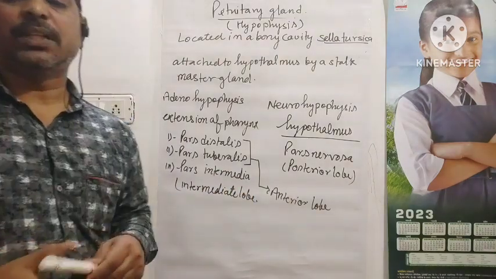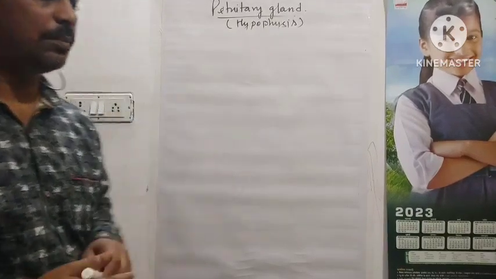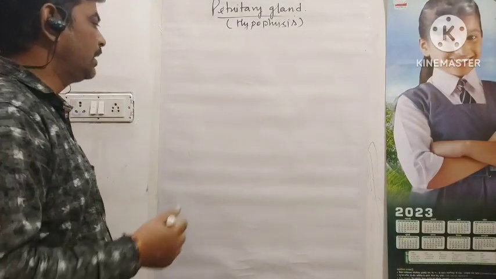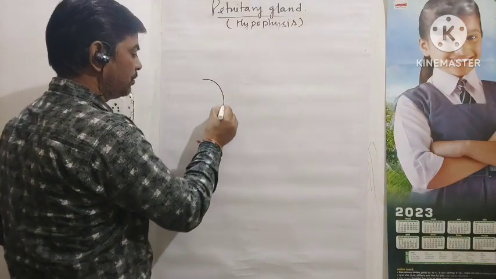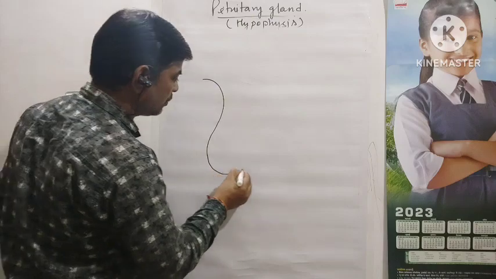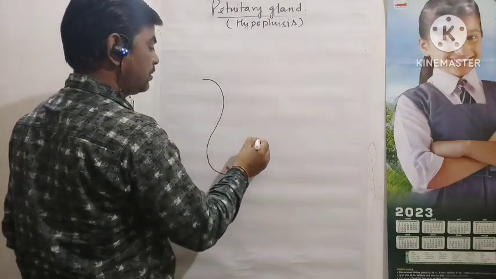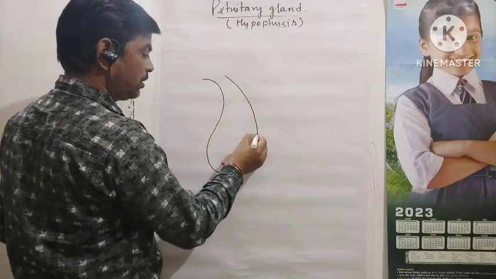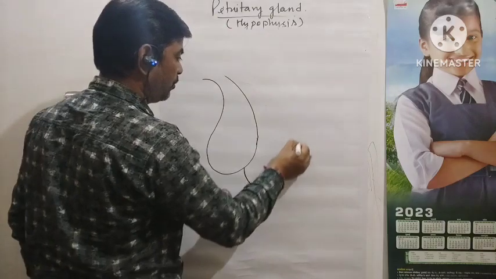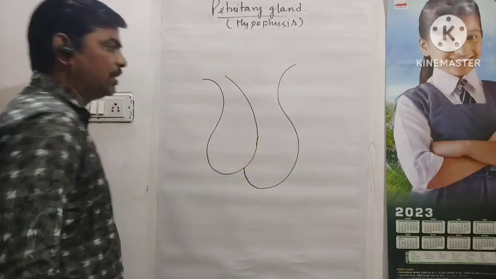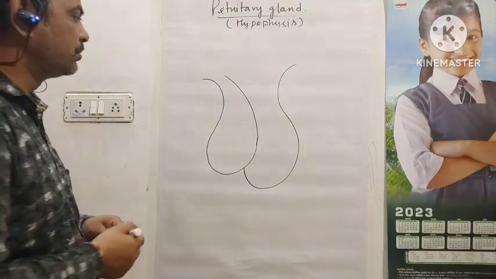Now let's see the structure of the pituitary gland anatomically. The posterior lobe arises from here, and these two are connected to the hypothalamus.